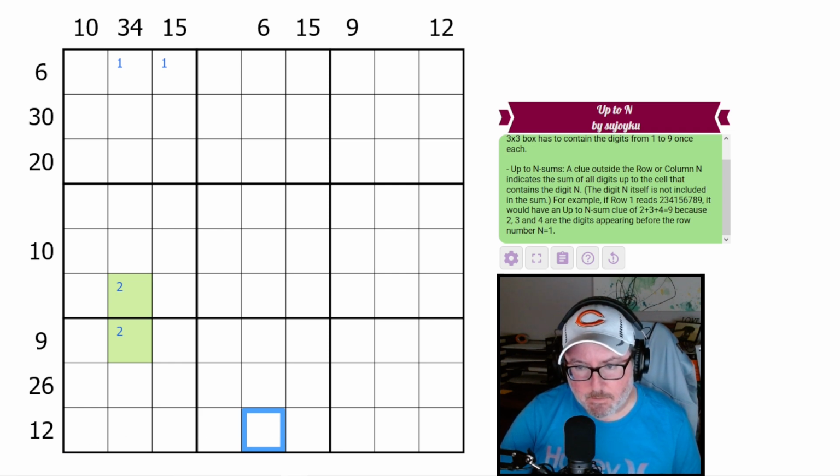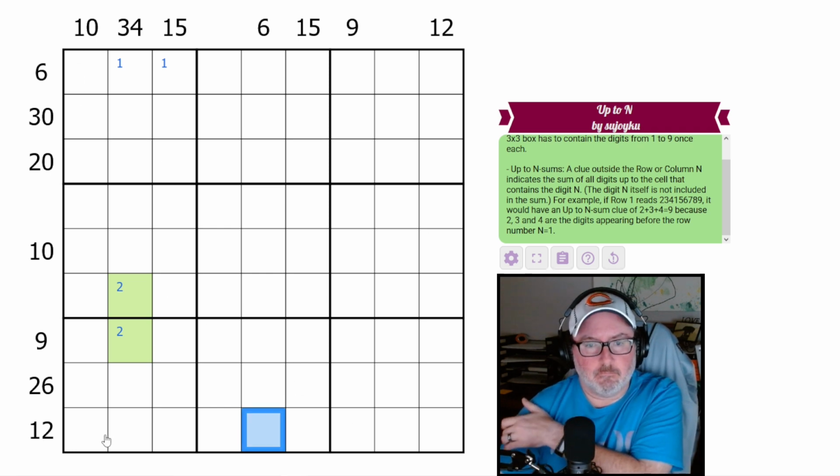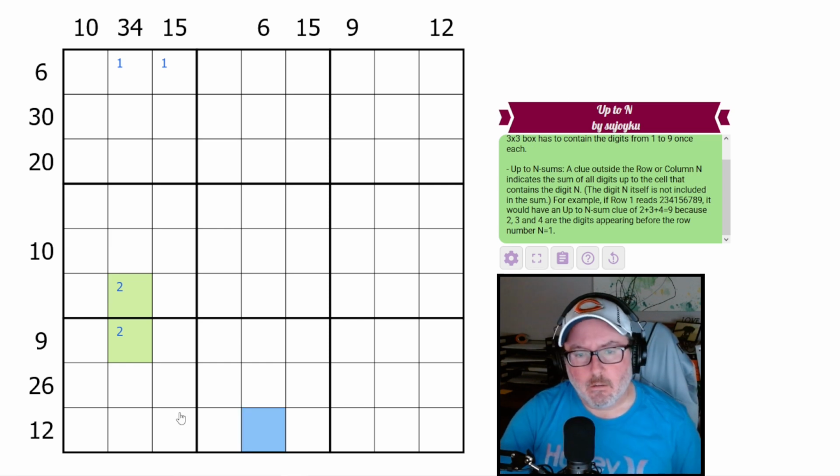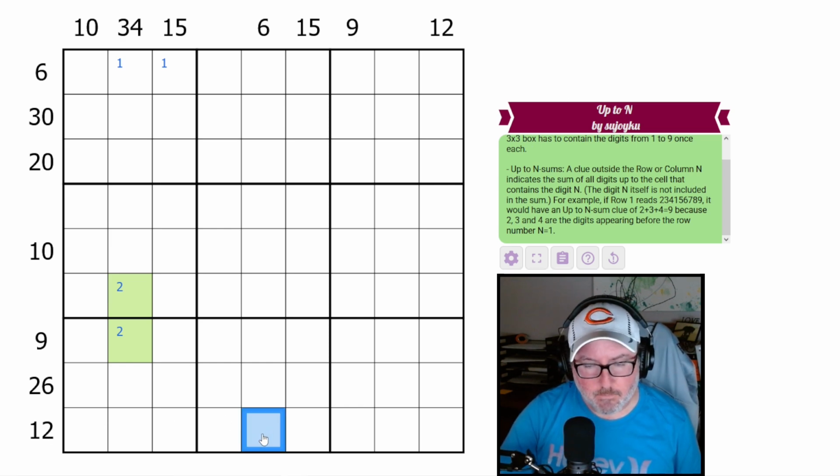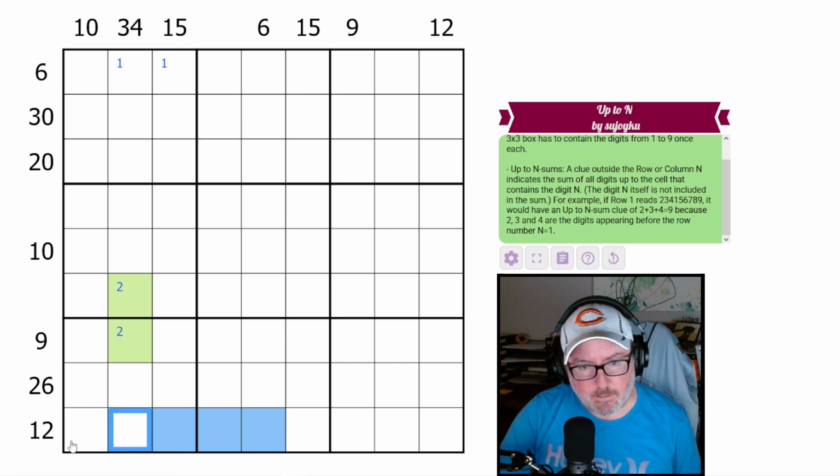I'll use differing colors to think about rows and columns, or the value that we're looking for. Because this could be a 9, which would allow these to be digits that would add up to 12 before we got to our 9. But this could be a 9 as well, and these could be 2 digits that add to 12.